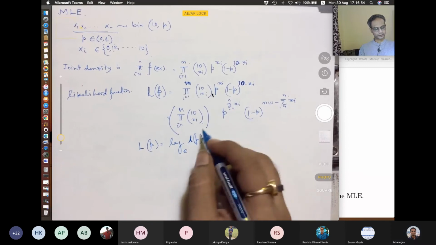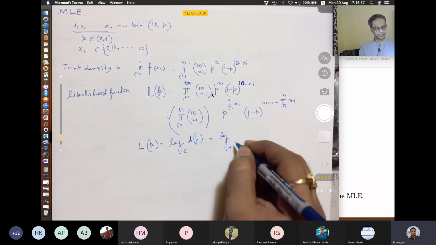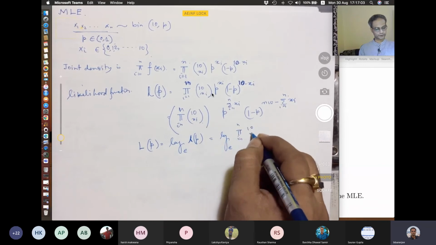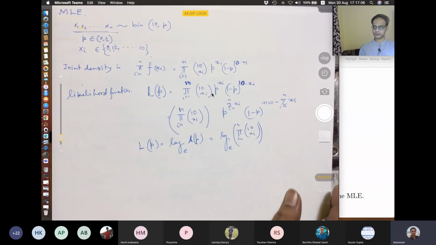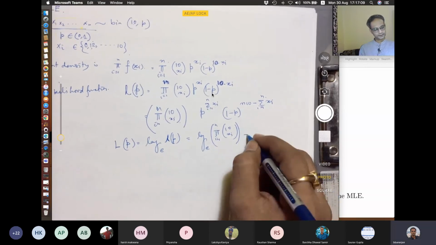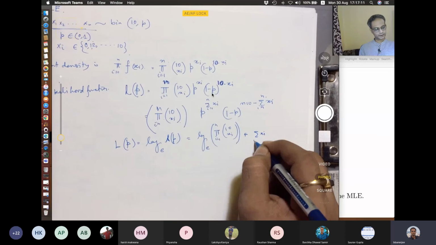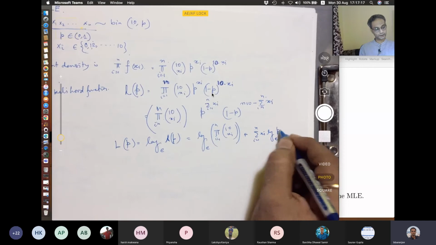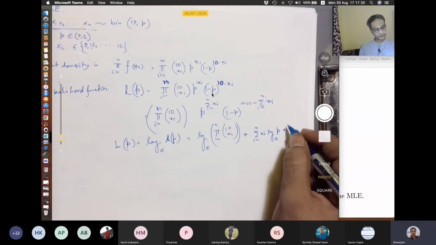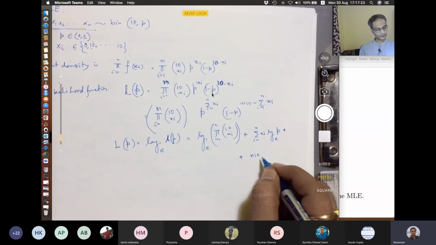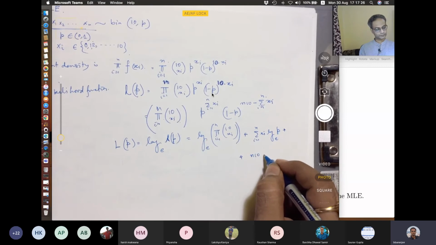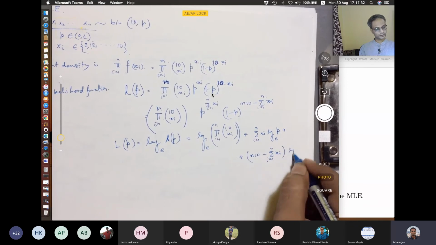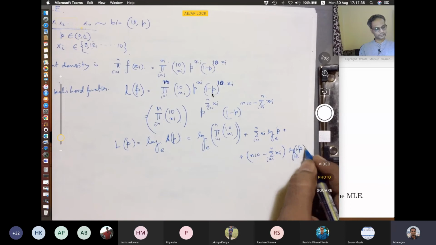So that will make it simple. Log of this quantity first, product over i running from 1 to n of 10 choose xi. Note that this quantity doesn't involve p. Then you have sum over xi, i running from 1 to n, into log p, plus n into 10 minus sum over xi, i running from 1 to n, into log of 1 minus p.